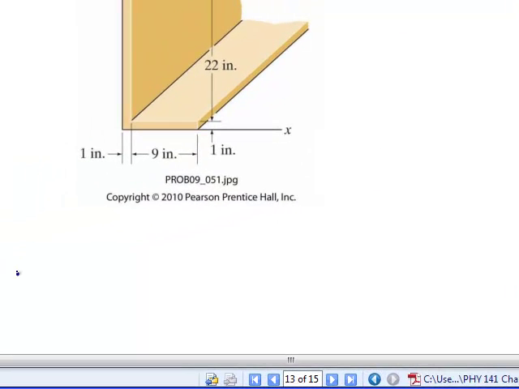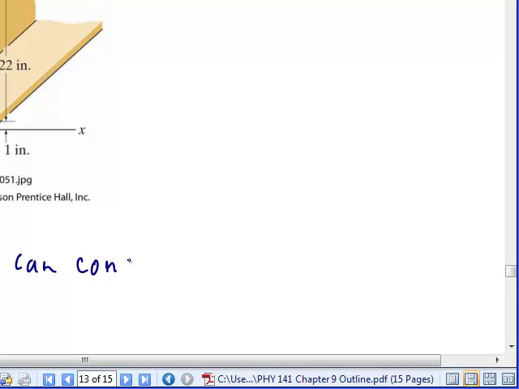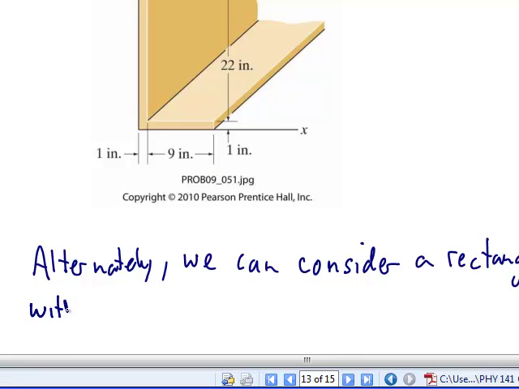So alternately, we can consider a rectangular beam with a rectangular cutout.